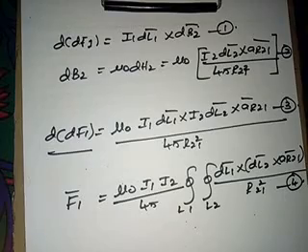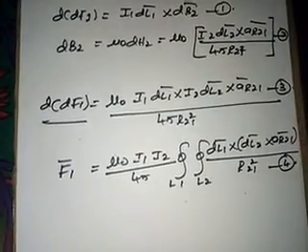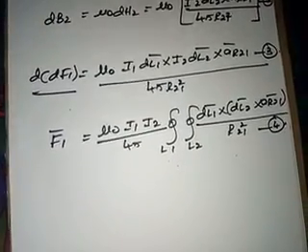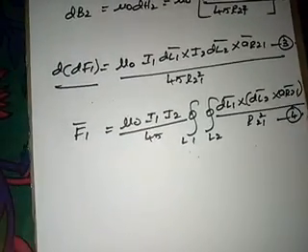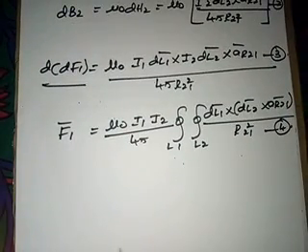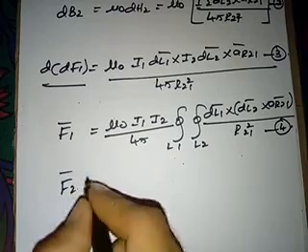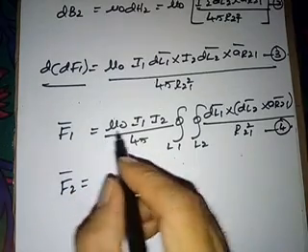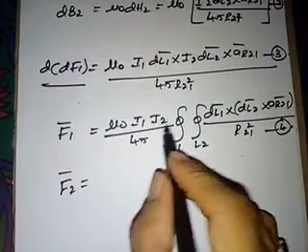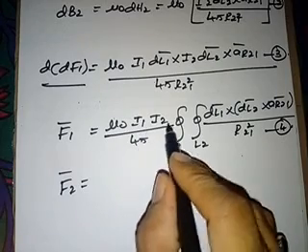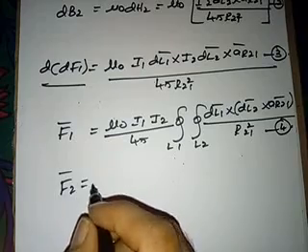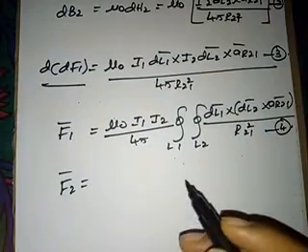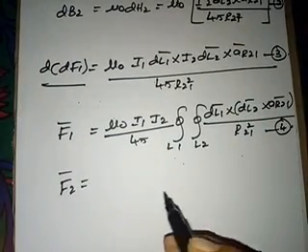Similarly, we can write the equation for F2 here. The equation for F2 will be, just interchange the subscripts: wherever it is 1 make it 2, wherever it is 2 make it 1. That will give the equation for force F2 exerted on the second current element by the magnetic field of the first current element.